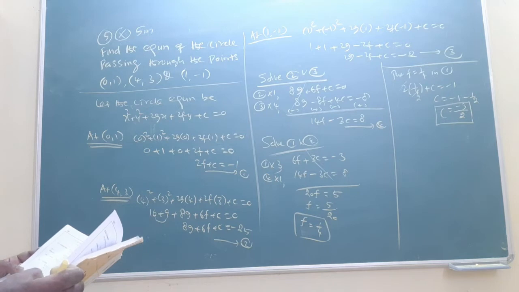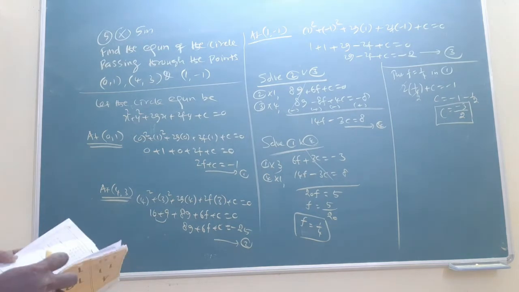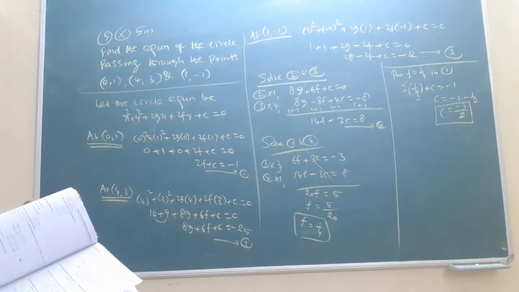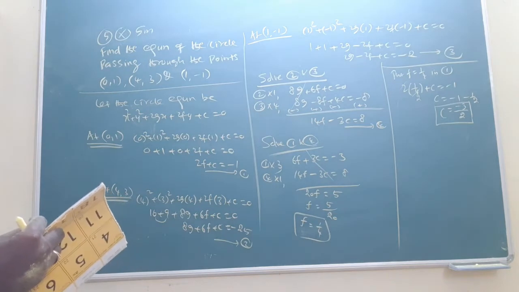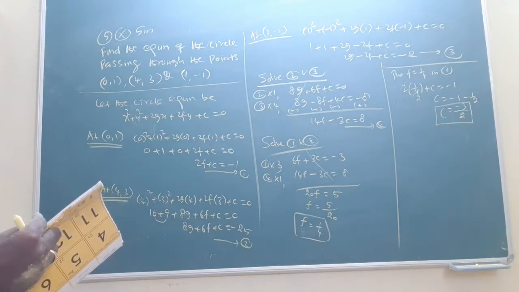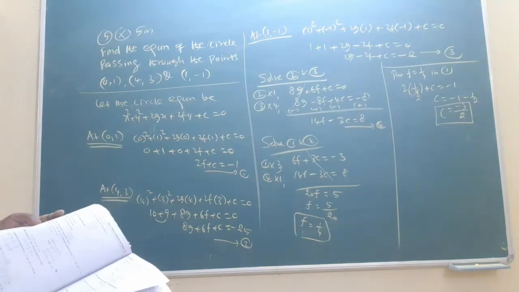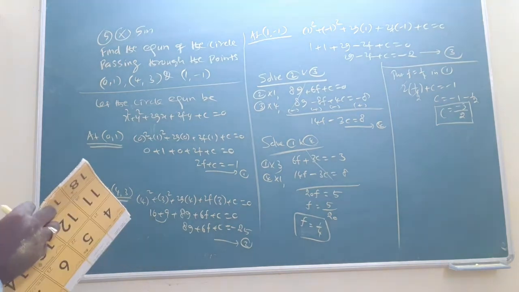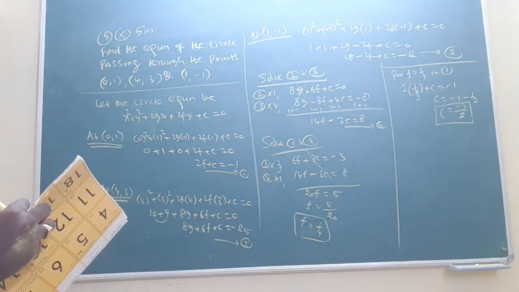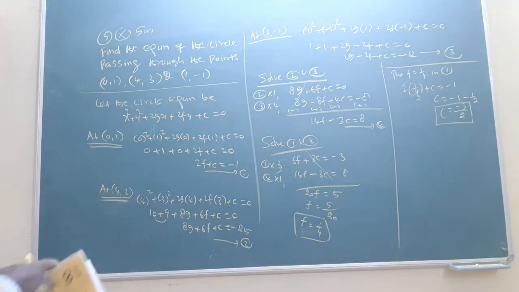What is the first equation actually? 8g plus 6f plus c equal to minus 25. Check yourself something.